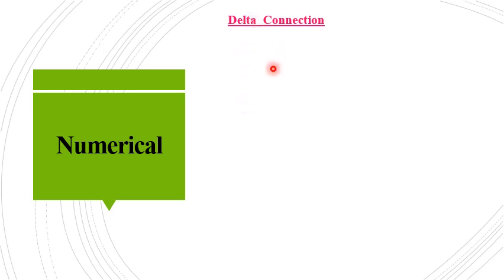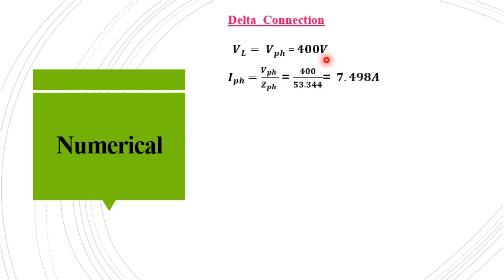So for a delta connection, we know that the line voltage is equal to phase voltage and that will be 400 volt. Now we can find the phase current. Phase current will be equal to per phase voltage by per phase impedance. Substituting, we will be getting it as 7.498 amperes.